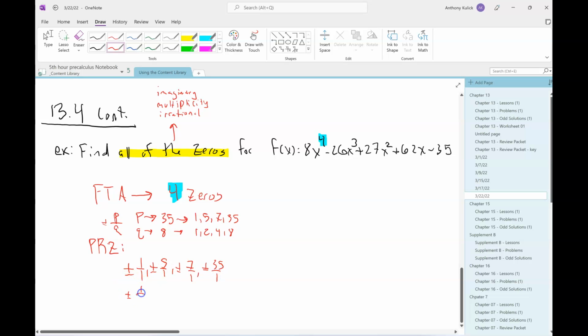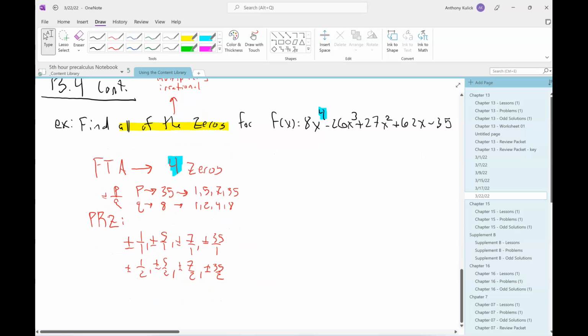And then I have 1 over 2, 5 over 2, 7 over 2, 35 over 2. And then I have 1 over 4, 5 over 4, 7 over 4, 35 over 4.